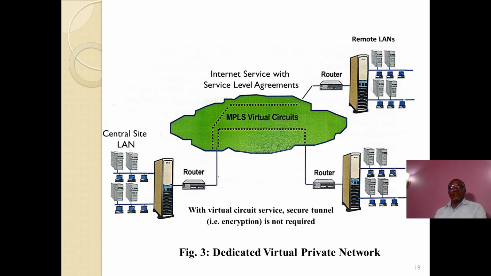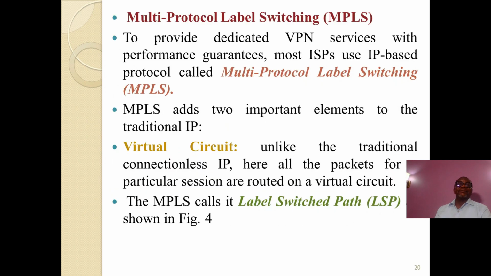And we now say that for this dedicated, the summary of the whole thing is that it makes use of virtual circuit, secure tunnel, and encryption not necessary. We will see why. So let's go down. We may have to come back to the diagram.